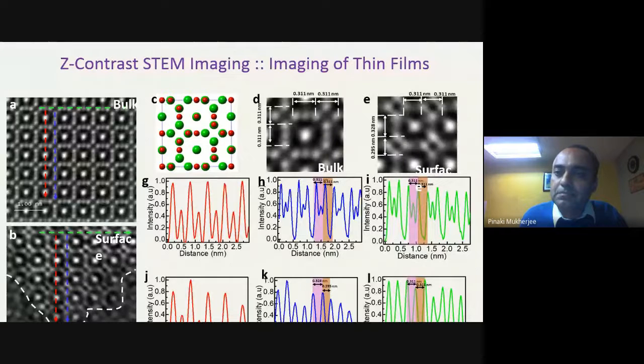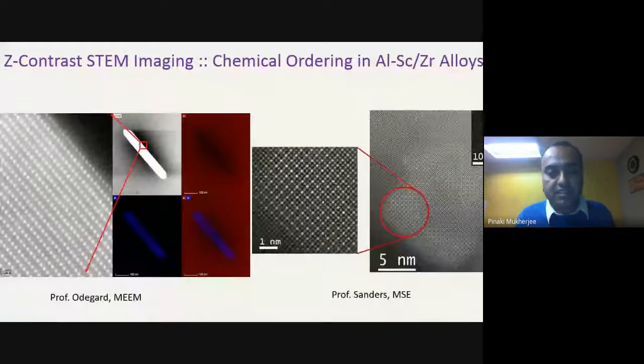Here we have seen an elongation along one set of atomic layers at the surface, and we subsequently explained this 7-fold increase in Kerr effect using STEM images and spectroscopy later on.